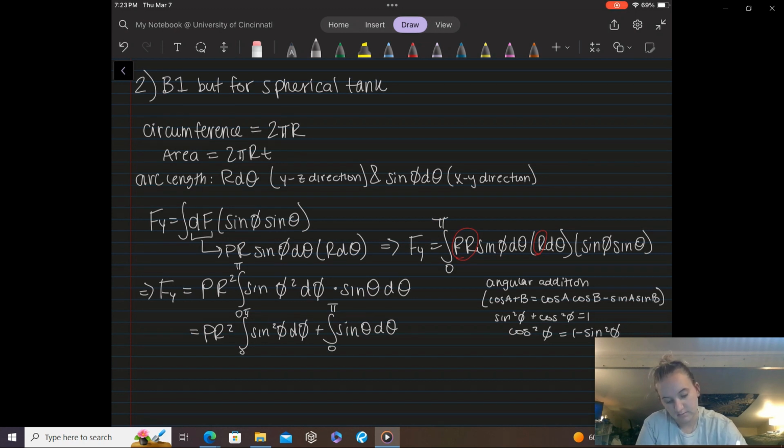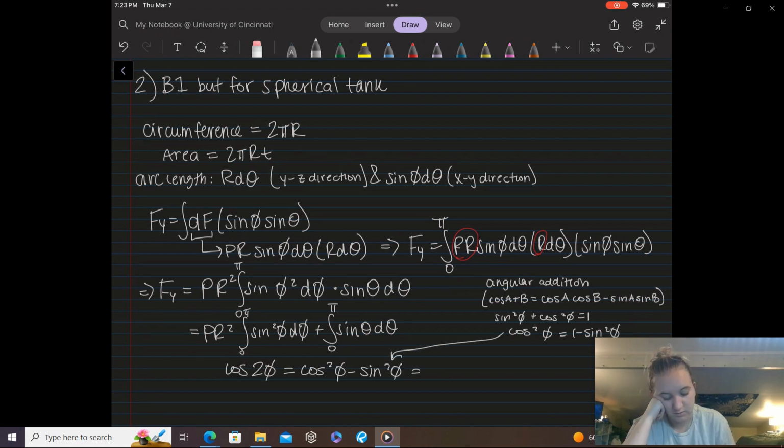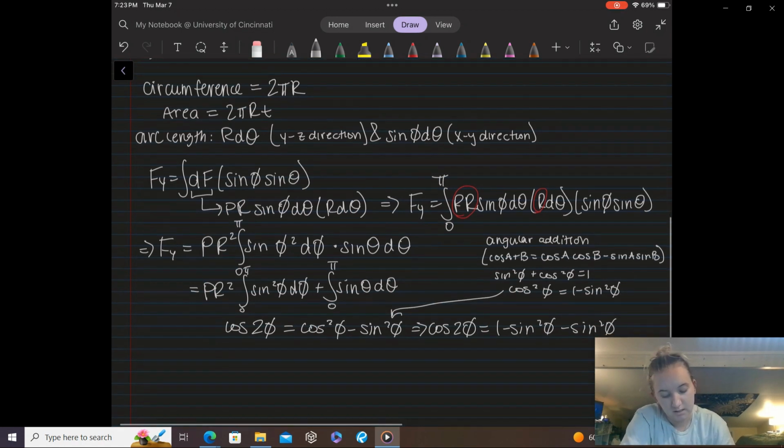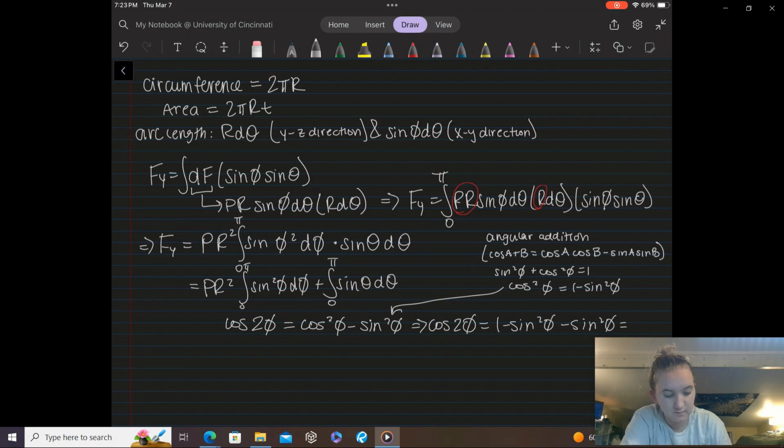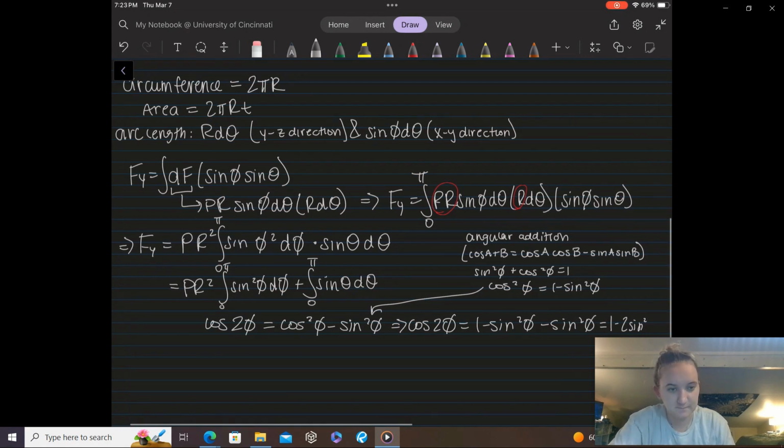And then, now using this method, plugging it in, we have cosine 2 phi, which equals 1 minus sine squared phi minus sine squared phi, which equals 1 minus 2 sine squared phi, which is getting a little cut off. Sorry about that. There we go, now you can see it.